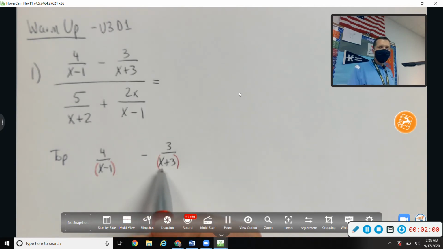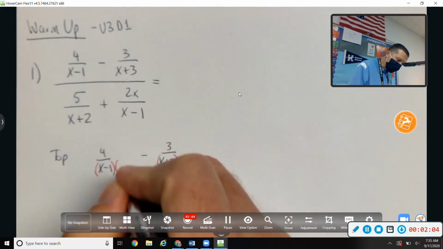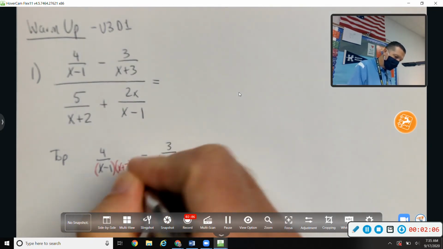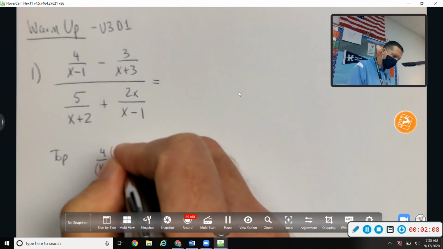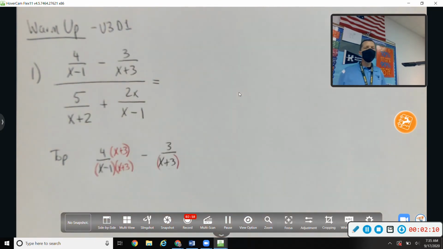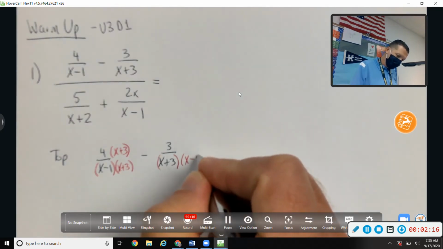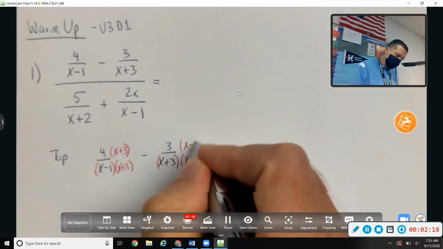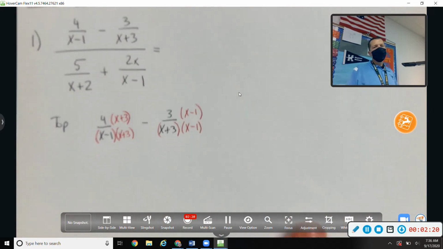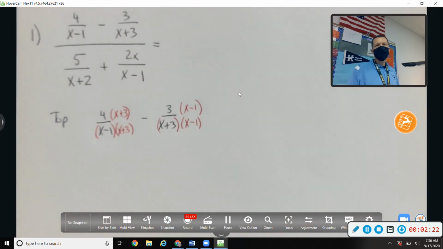The only thing I can do is multiply by stuff. So if I multiply this one by x plus 3, top and bottom, of course, because whatever you do to the bottom, you got to do to the top. And multiply the second one by x minus 1, top and bottom. Then their denominators match.